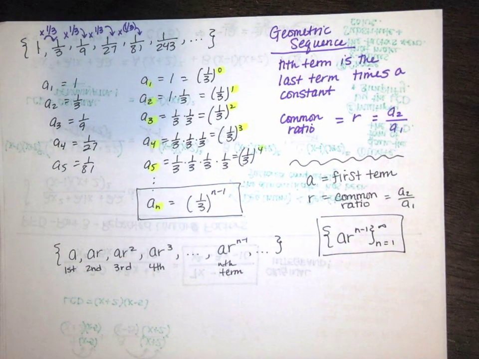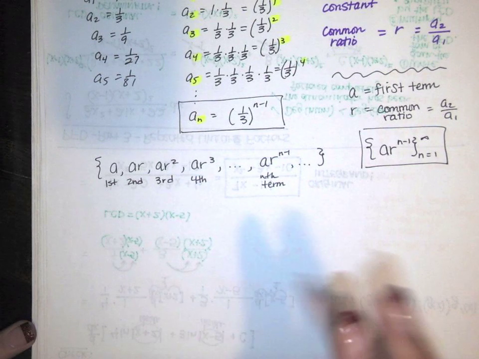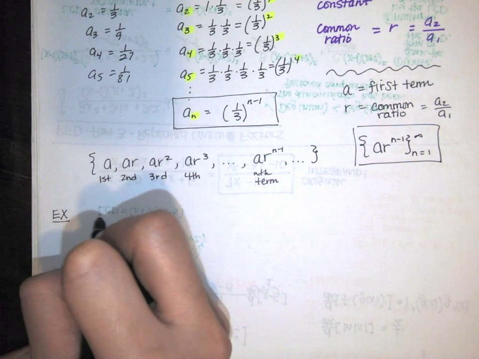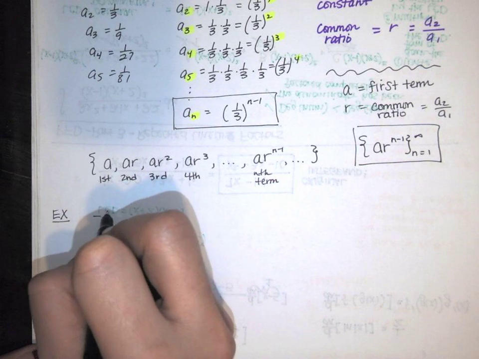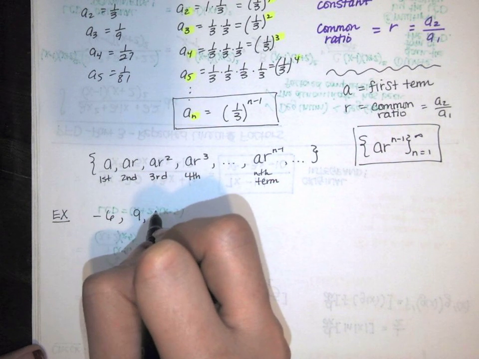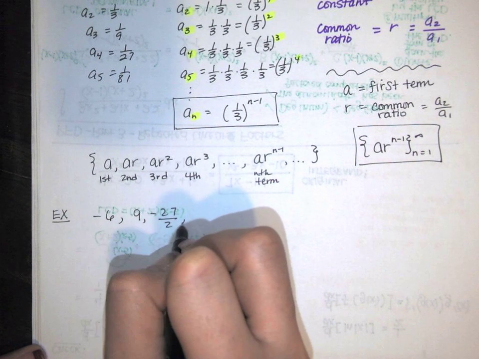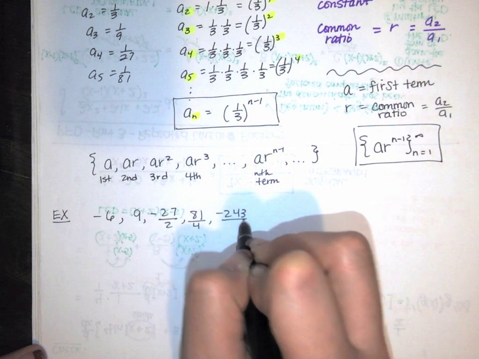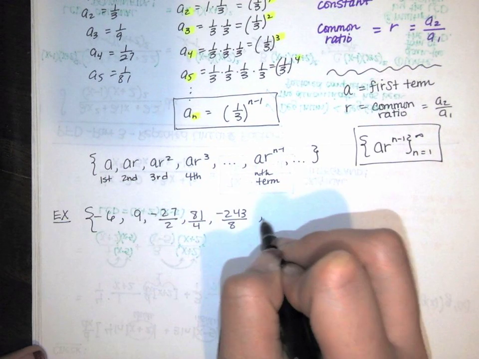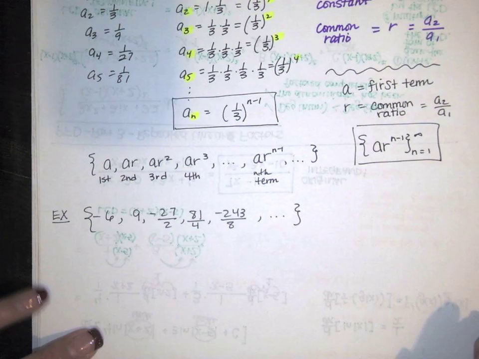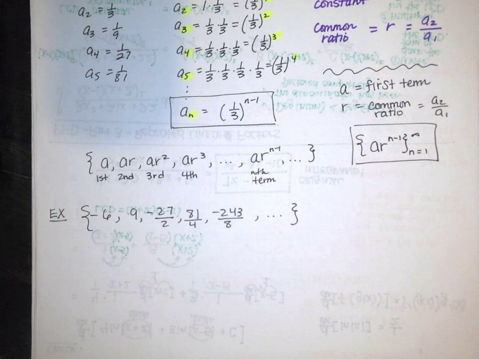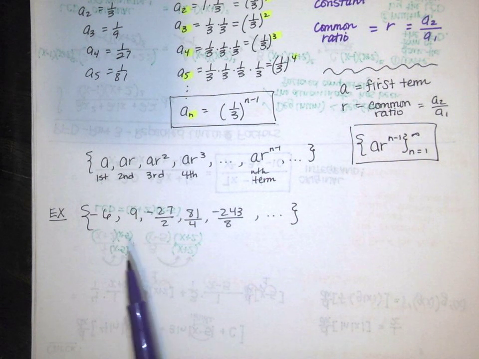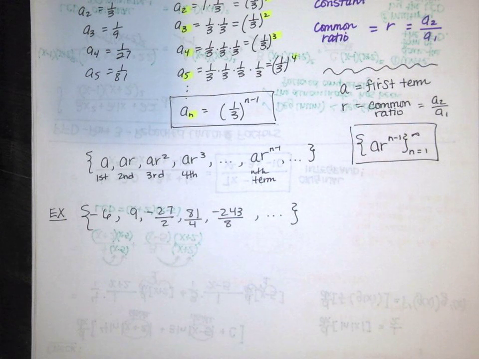So that's an abstract. So let's look at another one, see if we've got another geometric sequence. We've got -6, 9, -27/2, 81/4, -243/8. Now it's a little less obvious if I'm multiplying by the same thing here because I've got these integers at the beginning and then all of a sudden I have fractions.